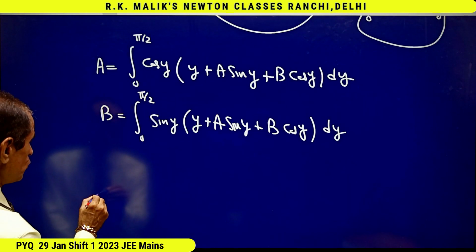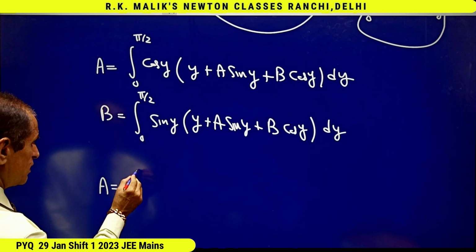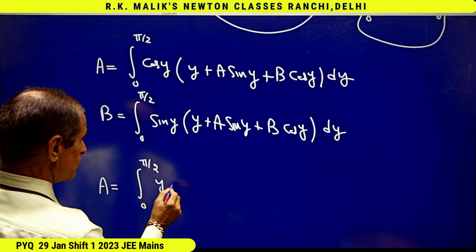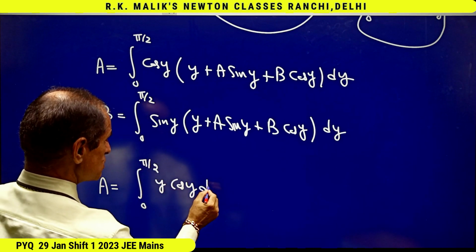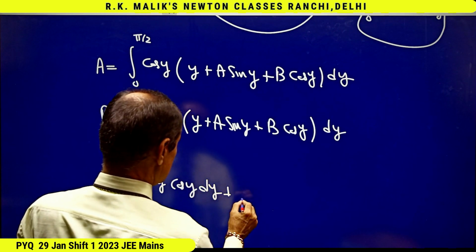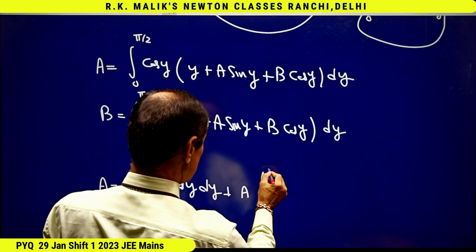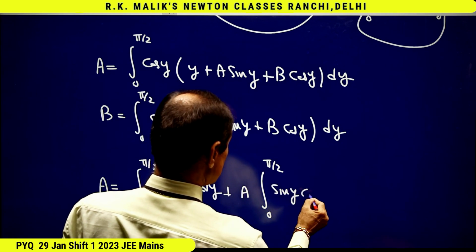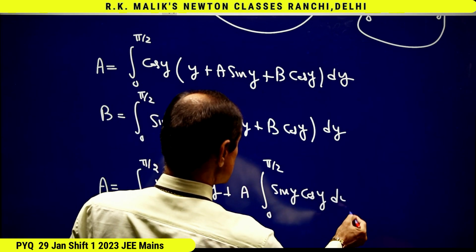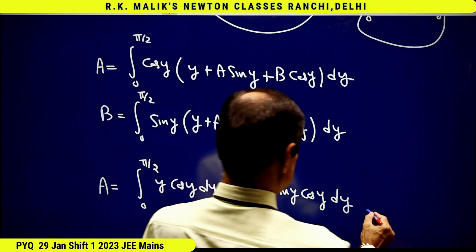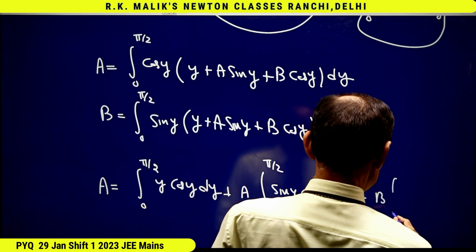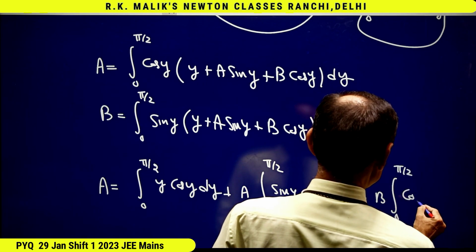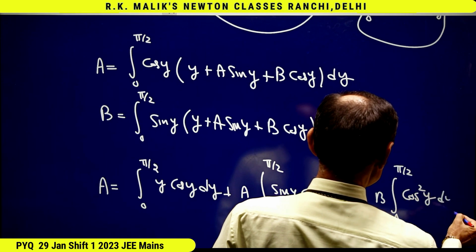And now to calculate the value of a, I get integral 0 to pi by 2 of y cos y dy plus a integral 0 to pi by 2 of sin y cos y dy plus b integral 0 to pi by 2 of cos square y dy.